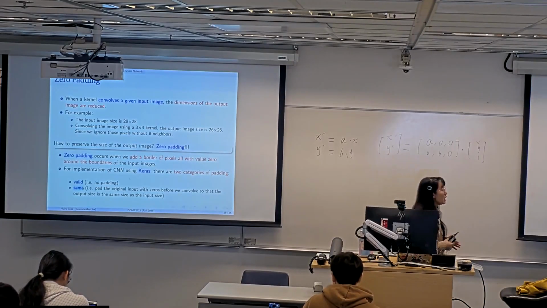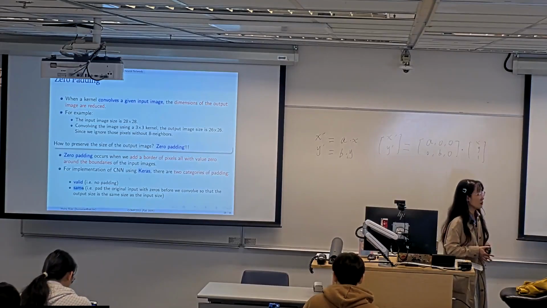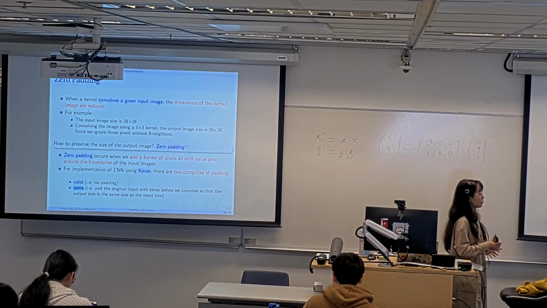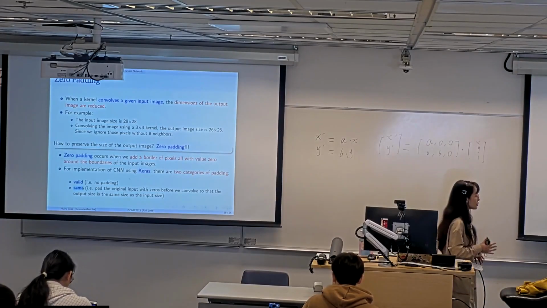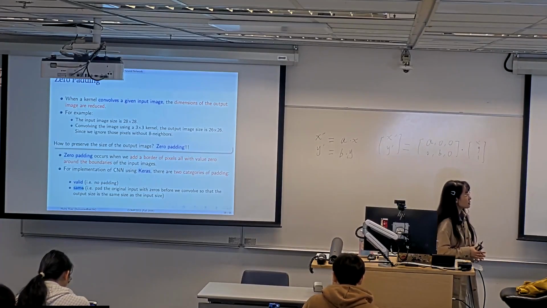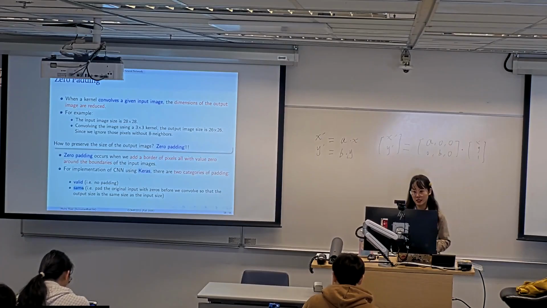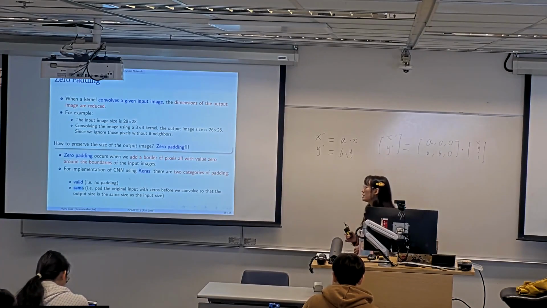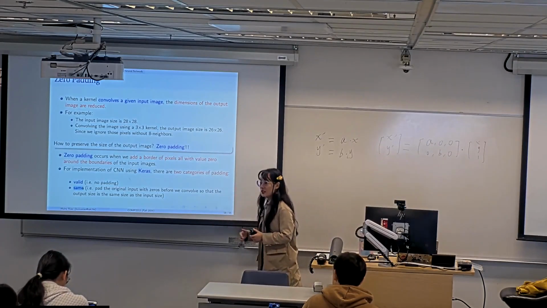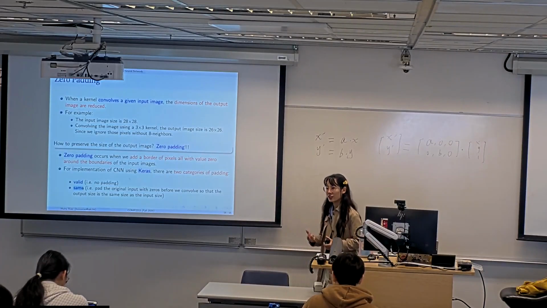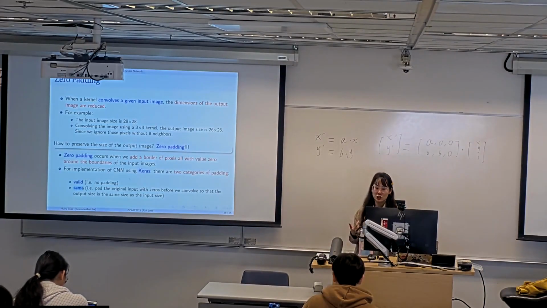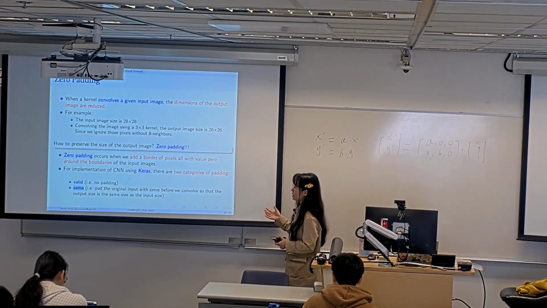Same means that we pad the original input with zeros before we convolve, so that the output size is the same size as the input size. So note that we can simply let it be same. That means you don't need to calculate how many pixels you should pad, because Keras will automatically calculate this value.